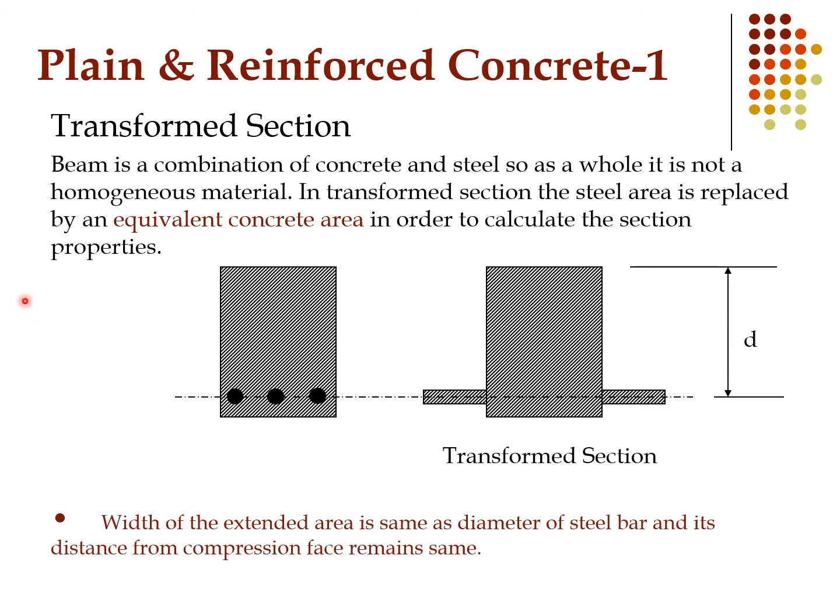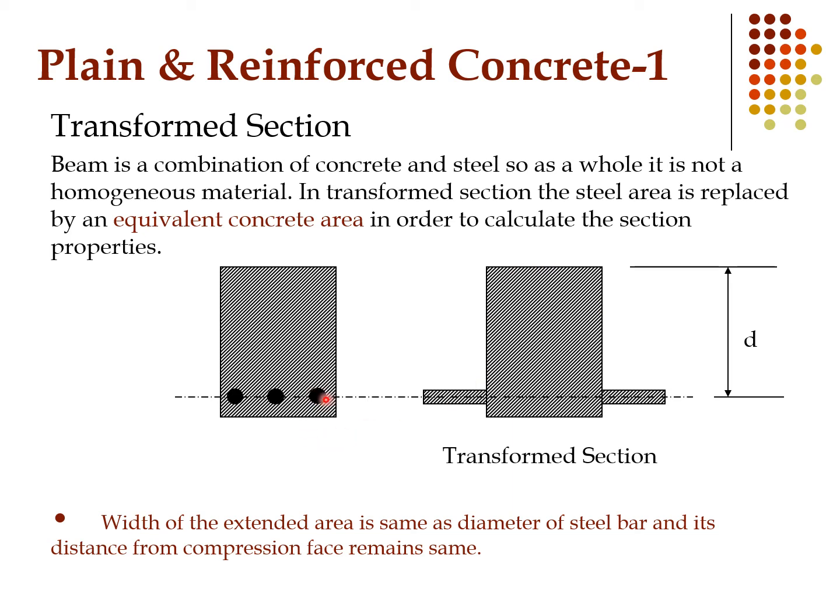Now transformed section. A beam is a combination of concrete and steel material. Therefore, we can say that it is not a homogeneous material. In transformed section, the steel area is replaced with the equivalent concrete area in order to calculate the section properties.